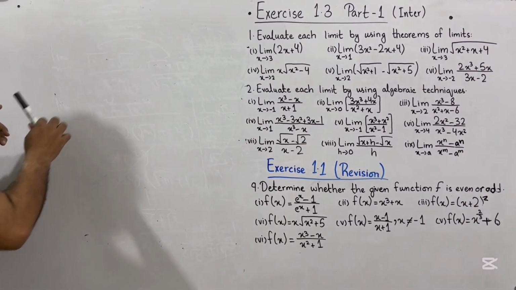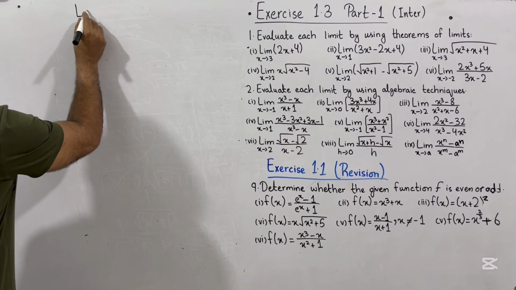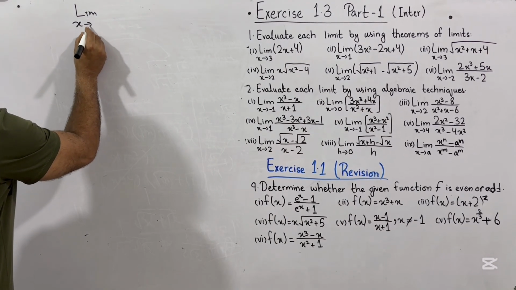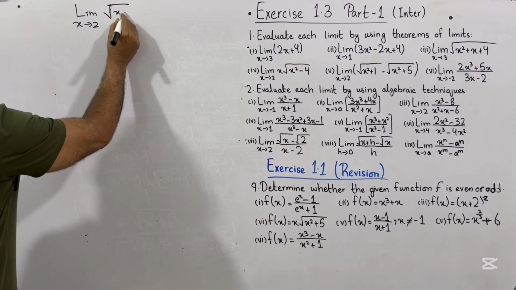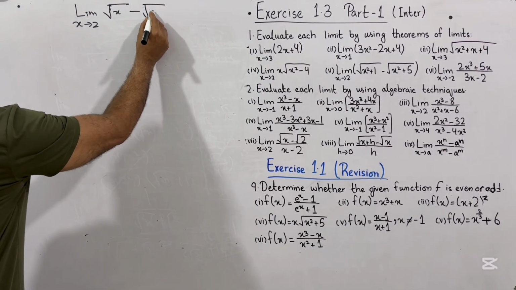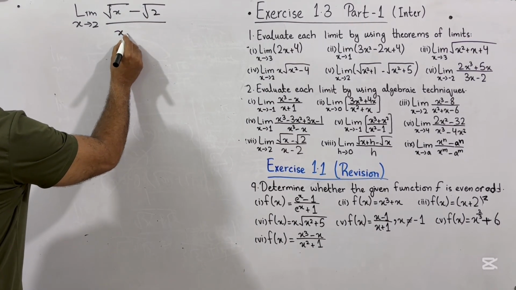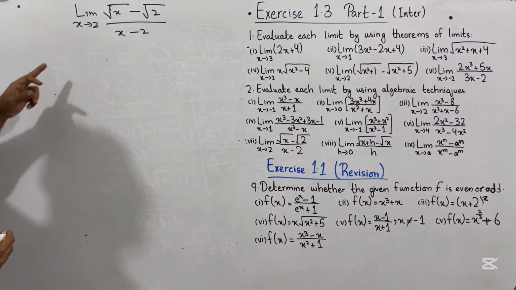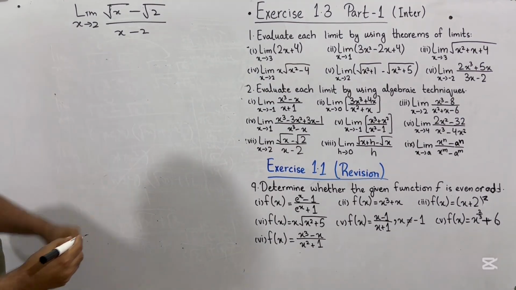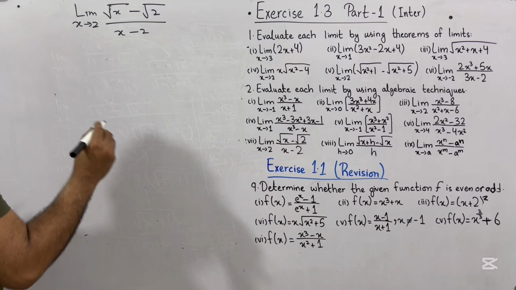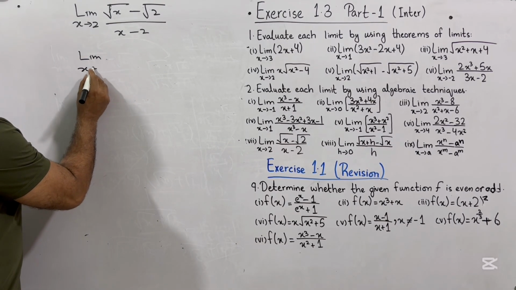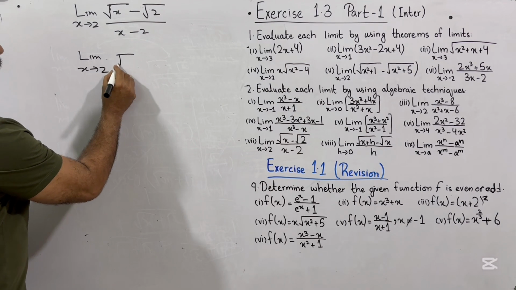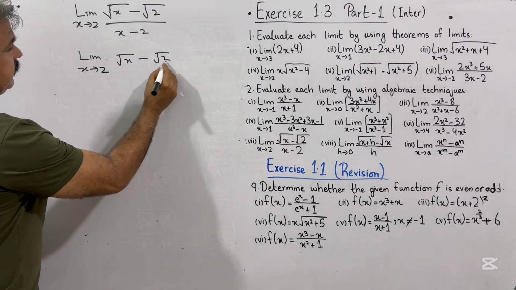Now let's see another way out for this. Limit x tends to 2 of root x minus root 2 overall x minus 2. We have already checked: put x is equal to 2, we get 0 over 0. It is undefined form, indeterminate. Here, instead of rationalizing, we can adopt this strategy.